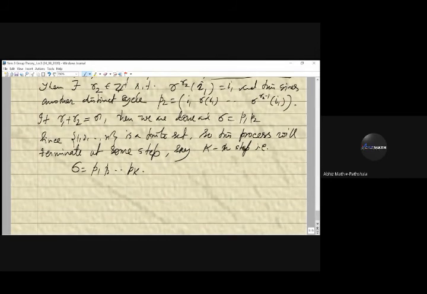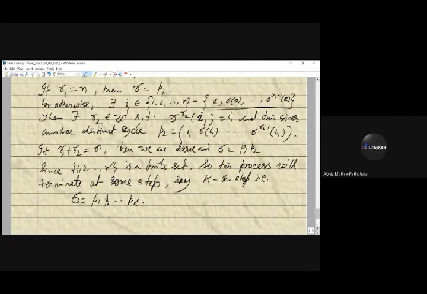Thus we have proved that any permutation in Sn can be represented as a product of distinct cycles.